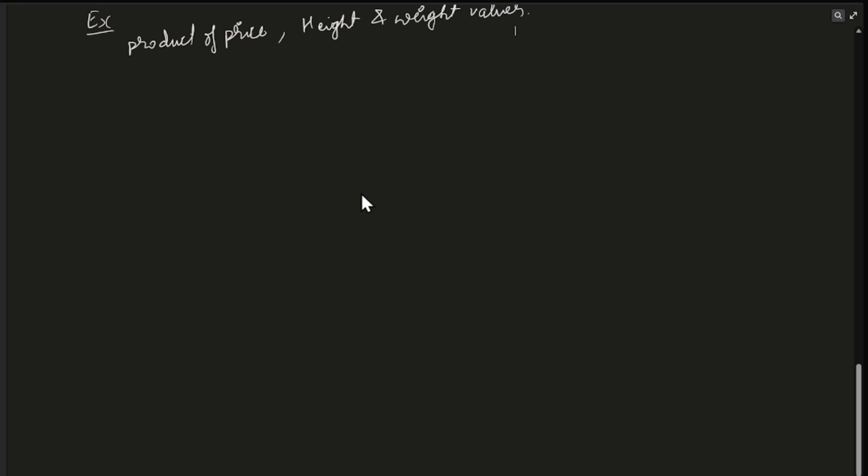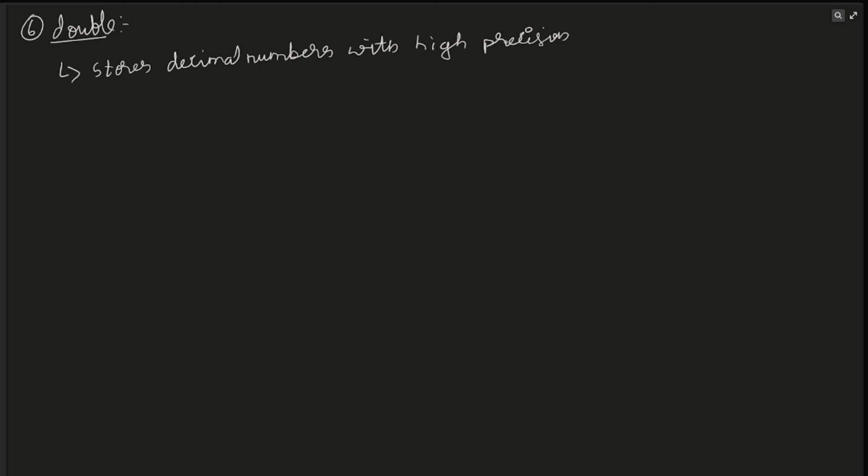Next data type we have is double, which stores decimal numbers with more precision. Size of it could be 8 bytes, that is 64 bits.